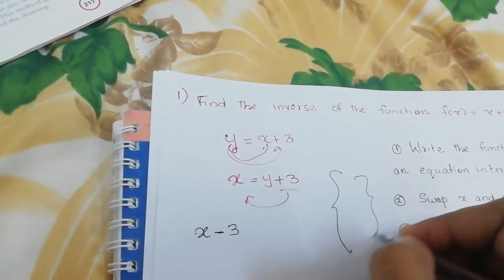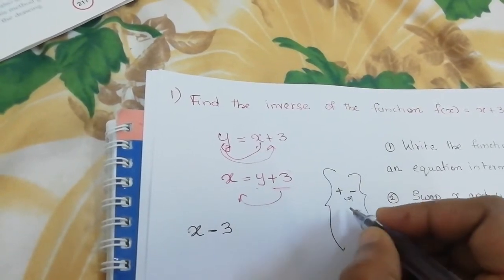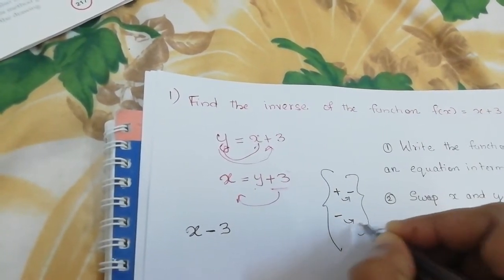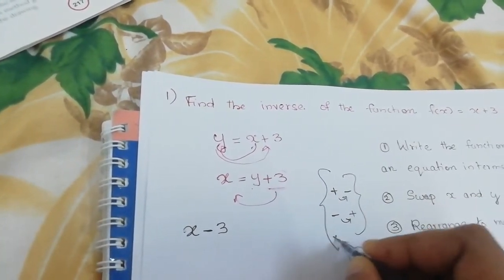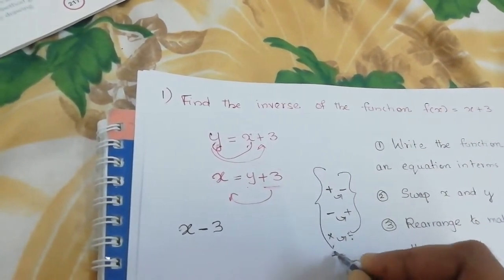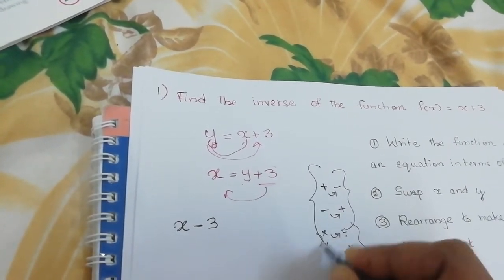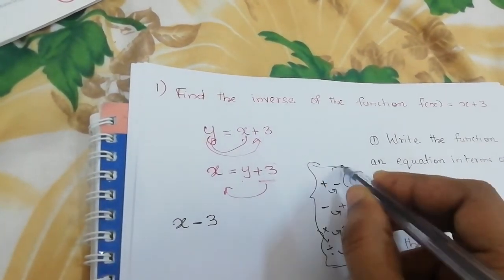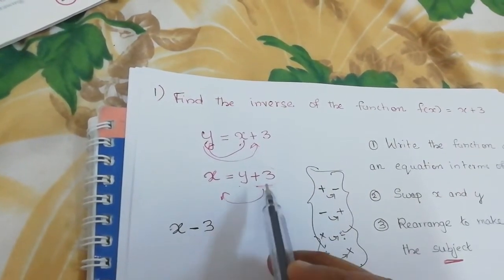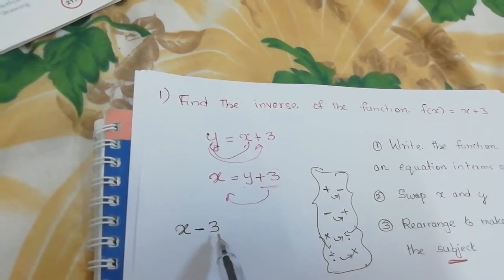We have learned it before. When you are moving to the other side, addition will become subtraction, subtraction will become addition, multiplication will become division, and division will become multiplication. So you are moving this positive 3 to the other side, it becomes negative 3.